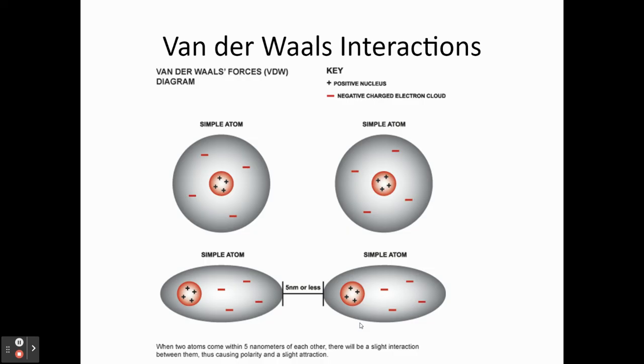It's not an ionic bond. It's not a hydrogen bond. It's just between the different polarities of these different molecules. It's super, super weak, but if you have a whole bunch of them, they can be actually quite strong.